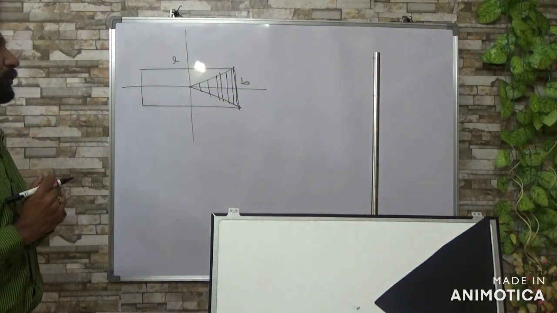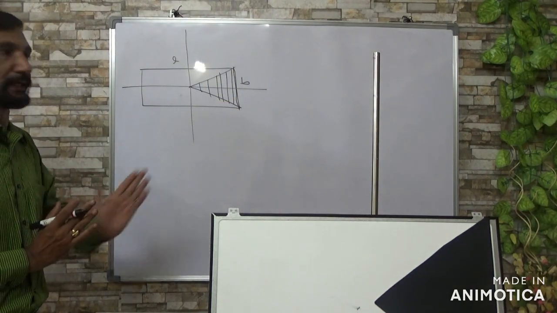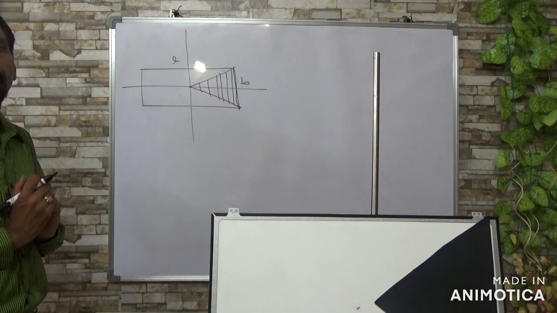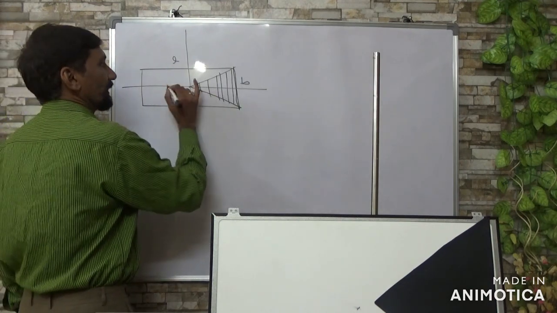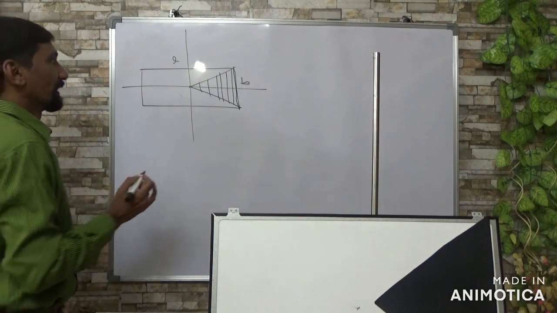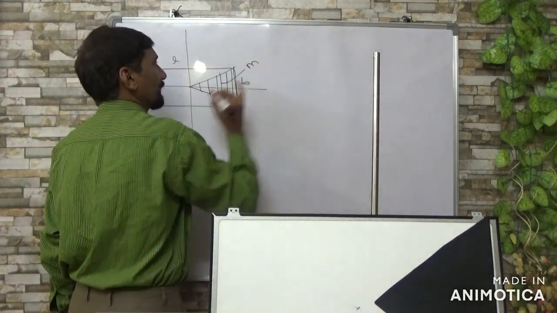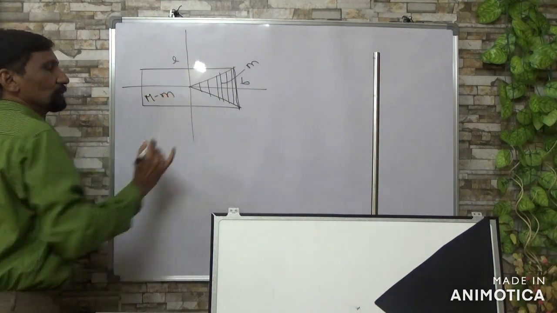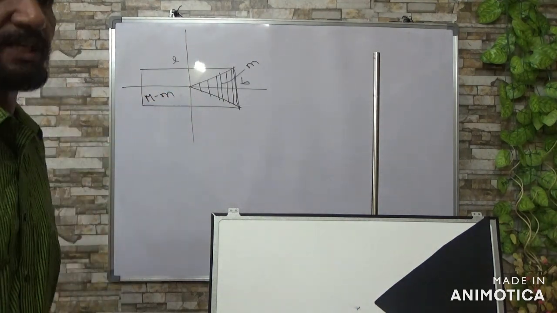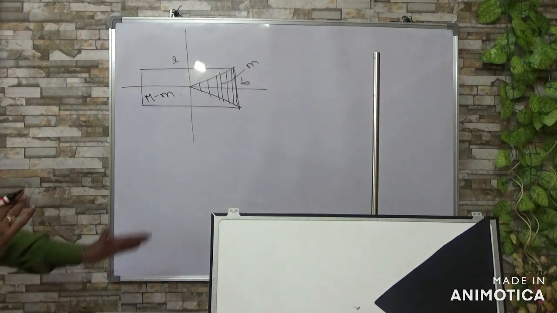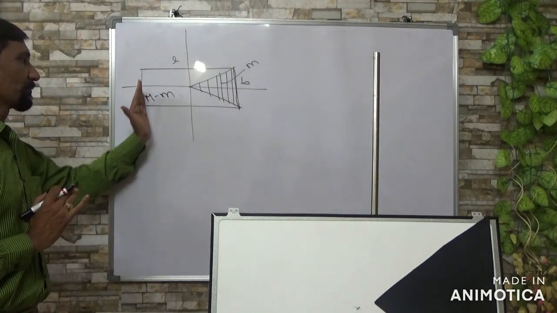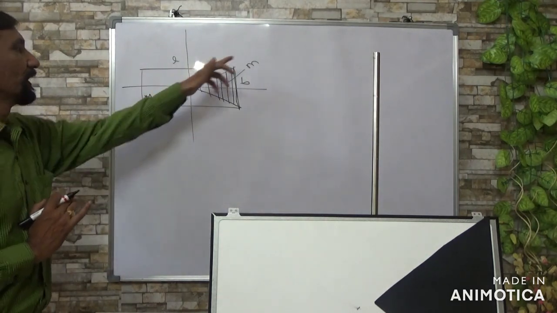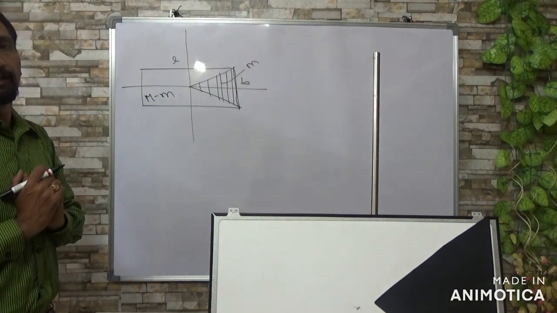Then you want to know the shift of center of mass. How? Here there are two bodies: one is the mass that is removed and the other is the remaining. If we assume the total mass of this plate as capital M, then M minus m is taken as the first body and m as the second body.